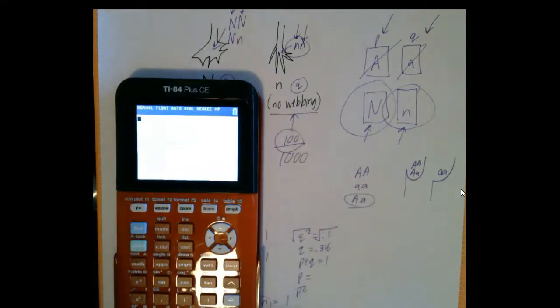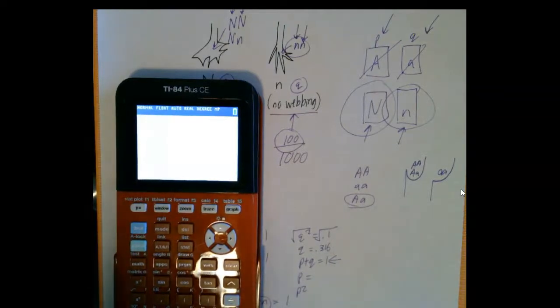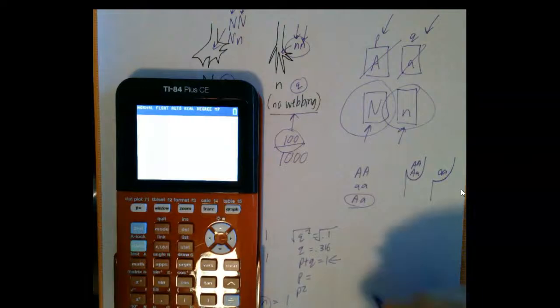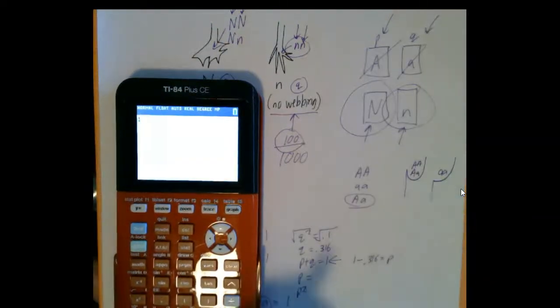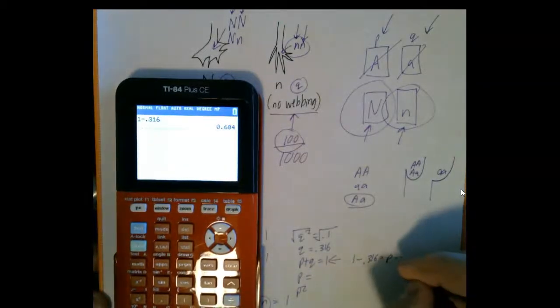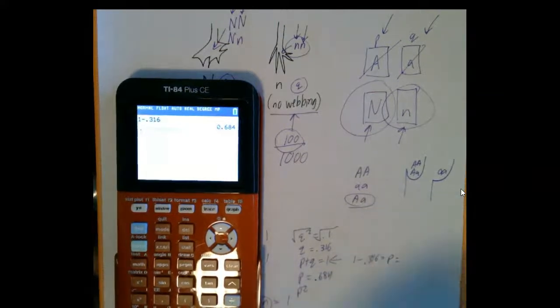So now I can do this one right here, because now I know that p plus q is 1. So if q is 0.316, therefore 1 minus 0.316 is going to give me what p is. 1 minus 0.316 is going to give me, p is going to equal 0.684.